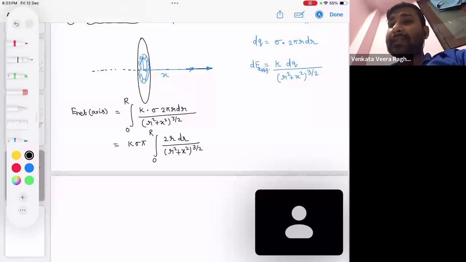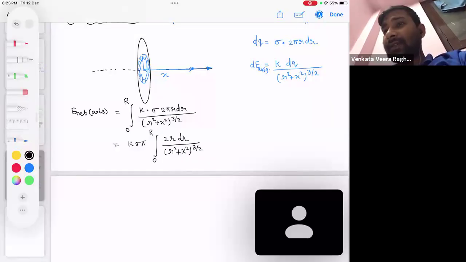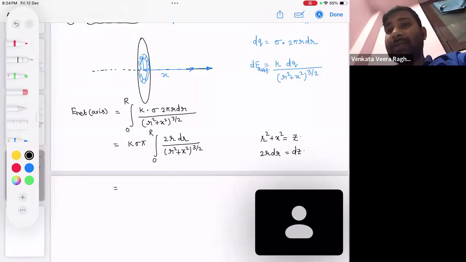If I consider r square plus x square as z, the 2r dr will become dz. So that becomes the integration of dz by z to the power 3 by 2.